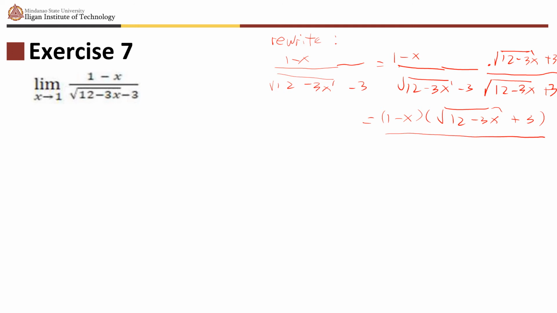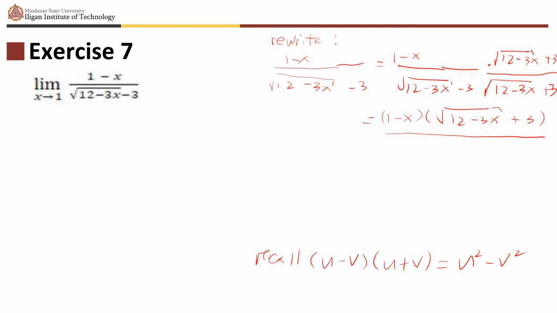you can recall the following formula, just in case you forget. If we have u minus v times u plus v, that's the same as u squared minus v squared. So in this case, our u is the square root of 12 minus 3x, and our v is 3.